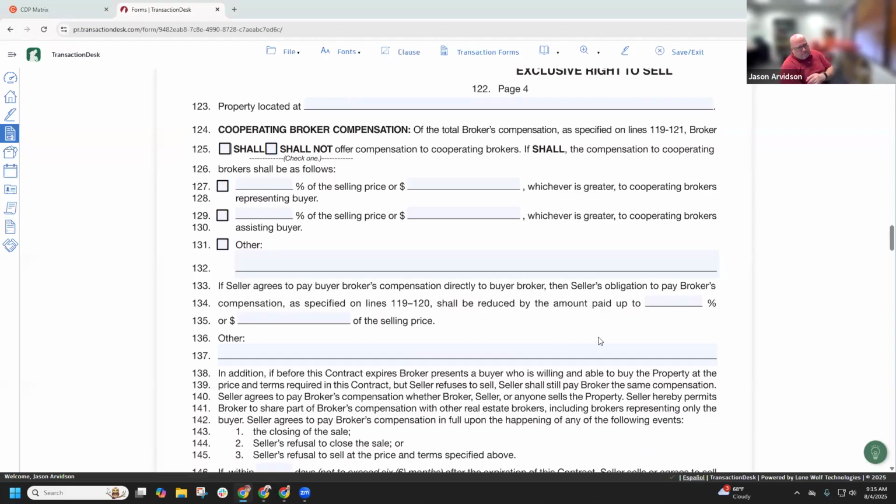So in the case of your listing, if the seller is paying the compensation to the buyer's broker, this says that does reduce that percentage. Again, it's the same clarification.